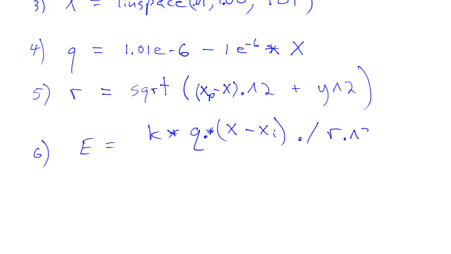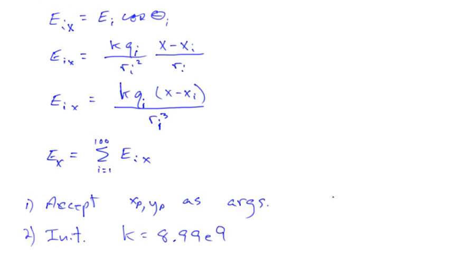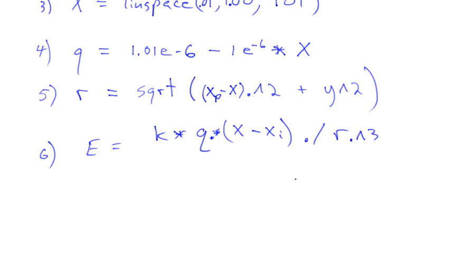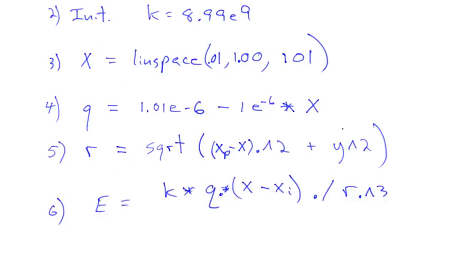I want to cube each element. So KQ x difference divided by r cubed. Is that what I had? KQ x difference divided by r cubed. And then that's really EX as opposed to E.